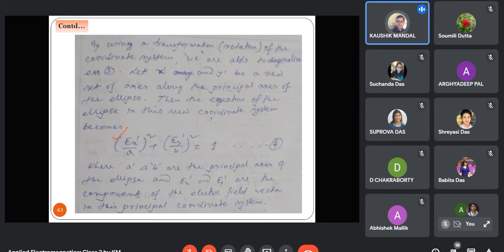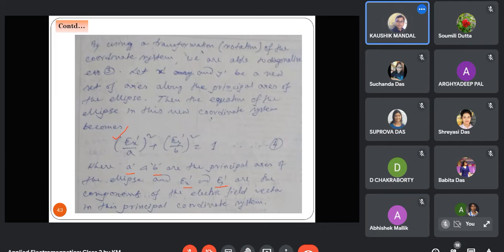Applying the coordinate transformation, we can rewrite expression number 3 as (Ex dash by a) whole square plus (Ey dash by b) whole square equal to 1, where a and b are representing the principal axes of the ellipse, and Ex dash and Ey dash are the components of the electric field vector in the newly defined coordinate system.